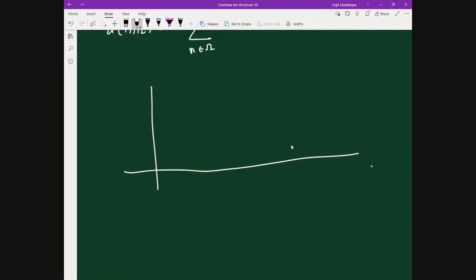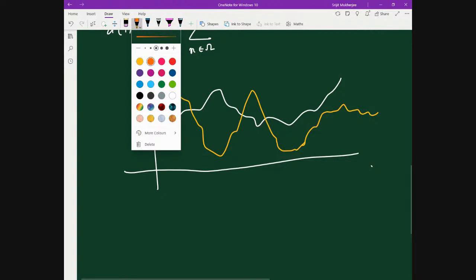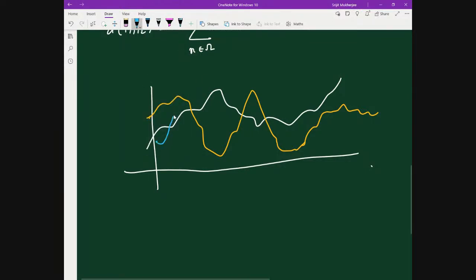So let's say you have a function over here, and you have another function, and you have another function, let's say. Let's take this. You tell me which one is closer to the white one.